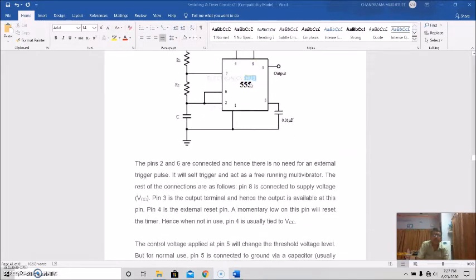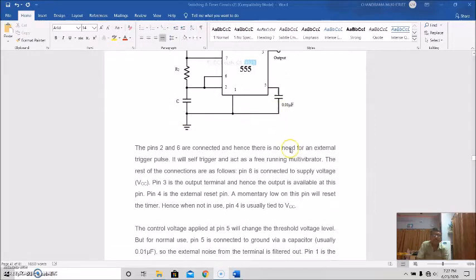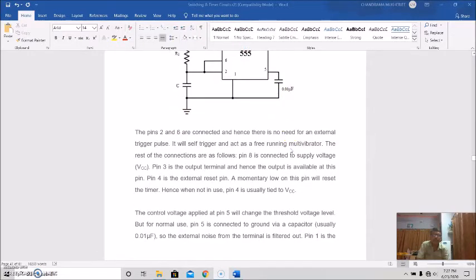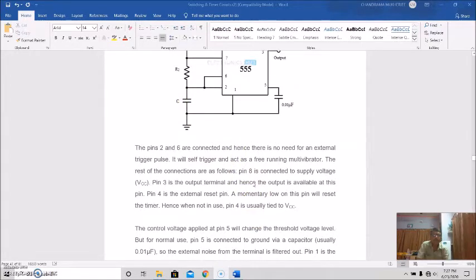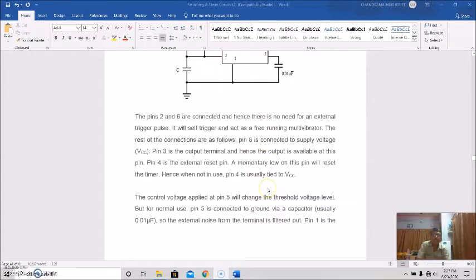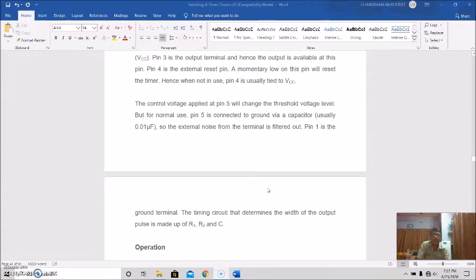The control voltage applied at pin 5 will change the threshold voltage level, but for normal use, pin 5 is connected to ground via a capacitor, usually of 0.01 microfarad. So the external noise is filtered out, and pin 1 is the ground terminal.